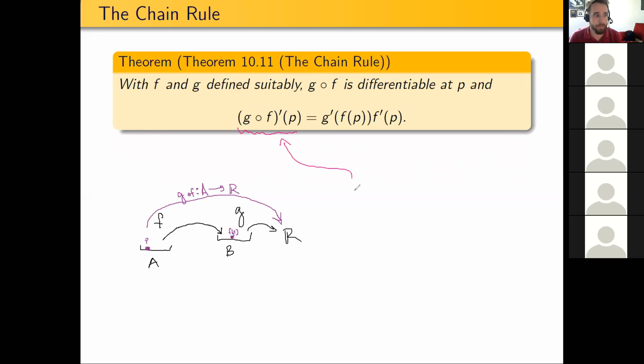So G of F prime is going to be the limit as x goes to P of the quantity G of F of x minus G of F of P, all divided by x minus P. That's how we can formally write this out. So we are trying to show that this limit exists and it actually equals this quantity right here.